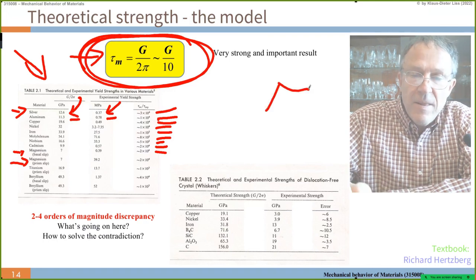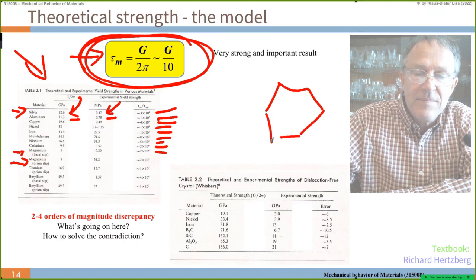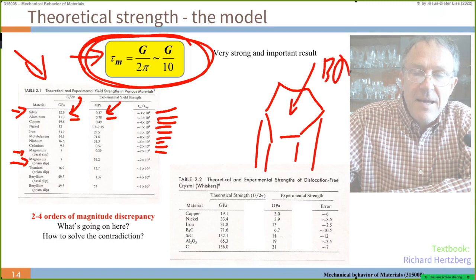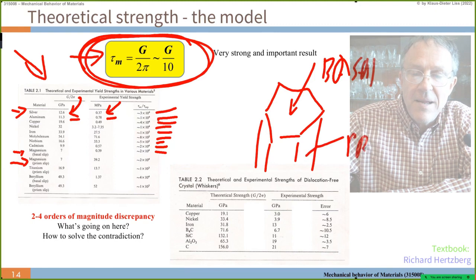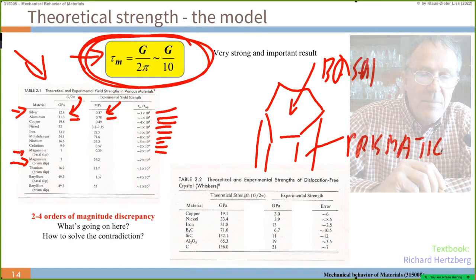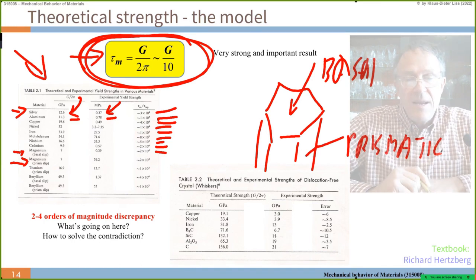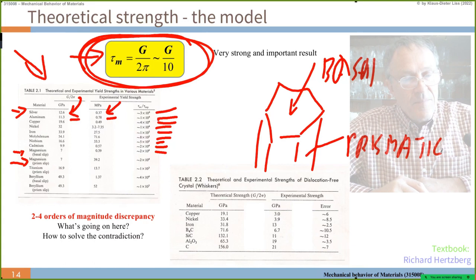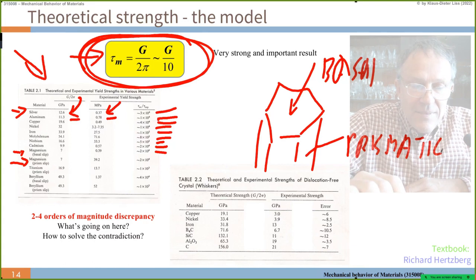So if this is a hexagon, this is the basal plane, and these are prismatic planes. So depending on which you slip, but qualitatively you get orders of 10 to the 4th difference.